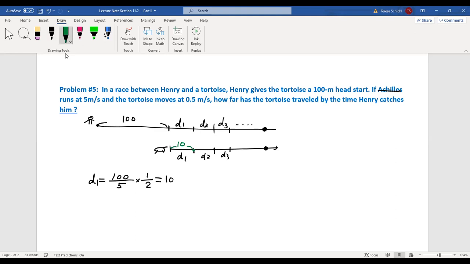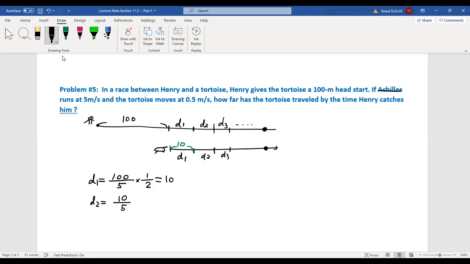And then Henry needs to catch up again. So this 10 meters here, that's why D2 is here. D2 will be Henry catching up this 10 meters, so D2 will be D1 divided by 5 again.